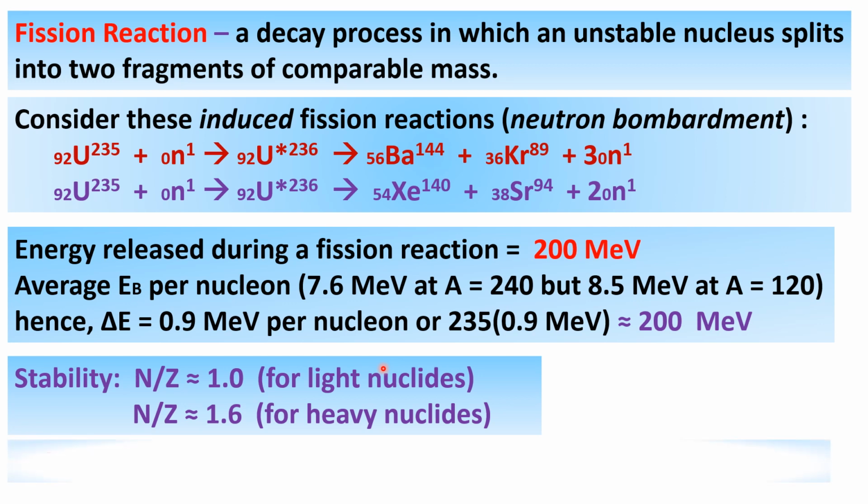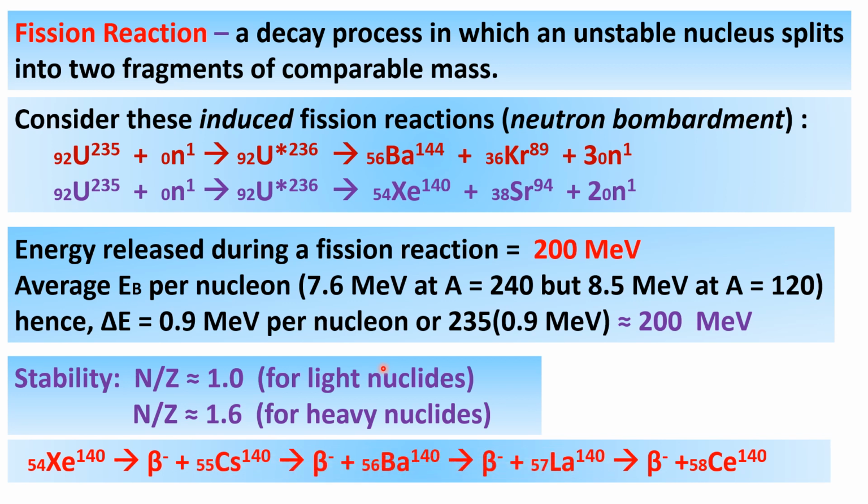A typical example is the case of xenon. When xenon is a byproduct in a typical uranium-235 fission reaction, xenon by itself is unstable. So to achieve stability, it has to emit a series of beta minus particles. For example, when it emits a beta particle, it becomes the nuclide cesium, isotope 140.